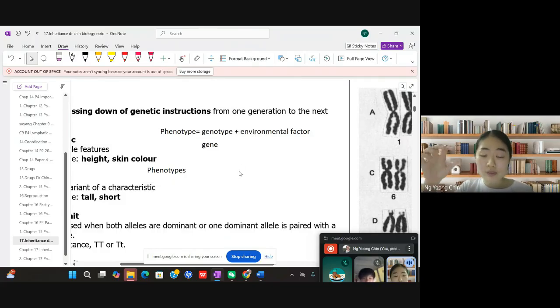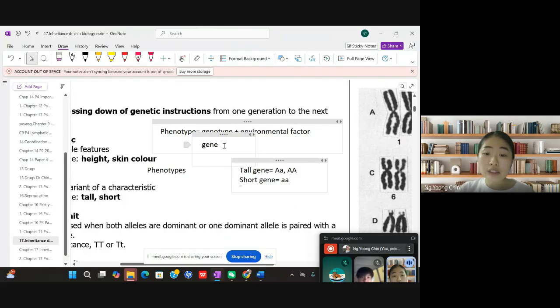For example, if I want to describe whether it is the tall gene or short gene, the tall gene is something like this, big A, small a, or two big A. And then the short gene becomes two small a. So the genes, right, are referred to this one, either the tall gene or the short gene.